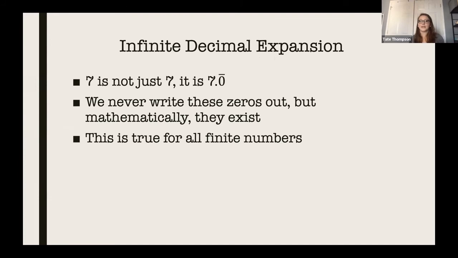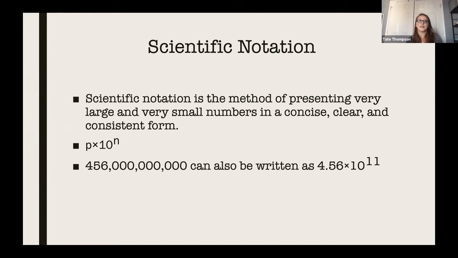But in mathematics, it is important that we're concise and also have a quantitative number that we can write down. And this is where scientific notation comes in. Scientific notation is a method of presenting a very large or very small number in a concise, clear, and consistent form.